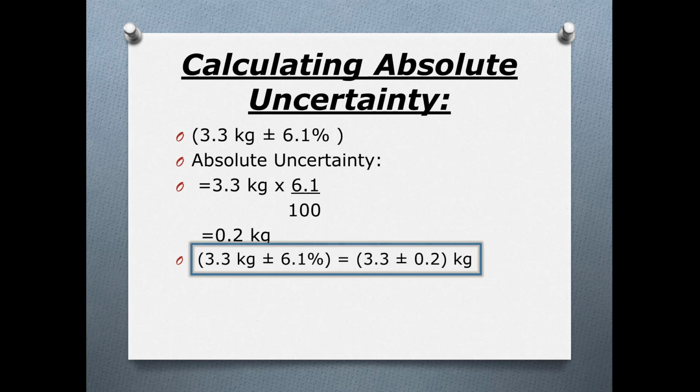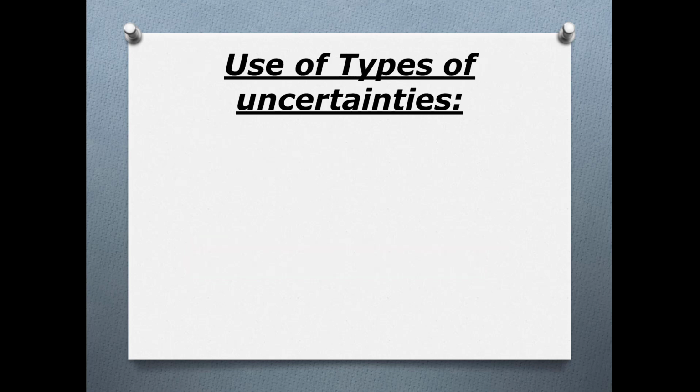So if absolute uncertainty is provided, we can convert it into percentage uncertainty, and if percentage uncertainty is provided, we can convert it into absolute uncertainty.